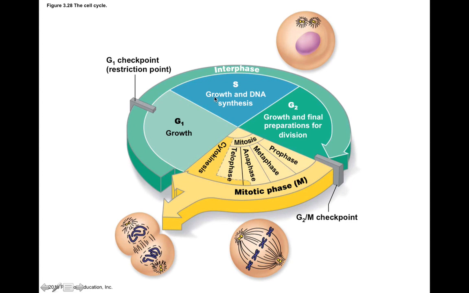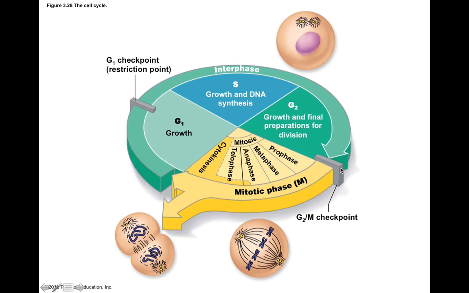So S phase is basically synthesis phase, where we have growth of cellular components, and DNA synthesis, where you start to replicate your chromosomes. S phase is followed by G2, and in G2 we have growth and final preparations for division until you get to this G2M checkpoint.